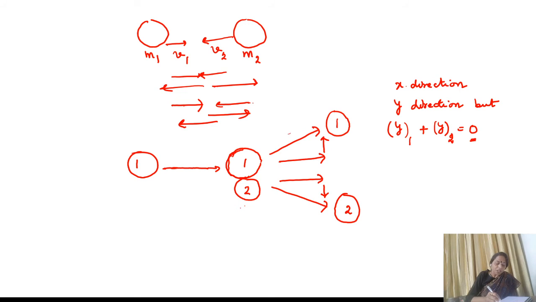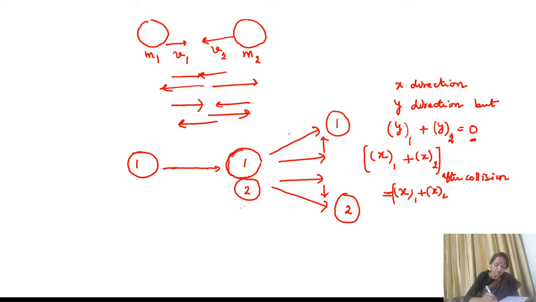Similarly, if you add the momentum in x direction of the first body and the momentum of the second body in x direction after collision, it will remain the same as momentum of the first body plus momentum of the second body before collision. So whether the bodies repel or after collision move in the same direction, momentum remains conserved.